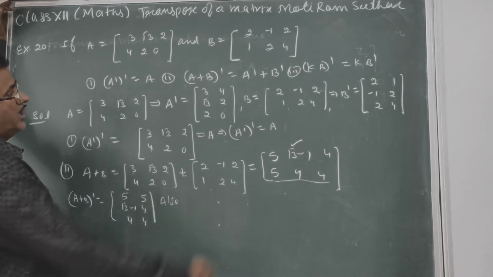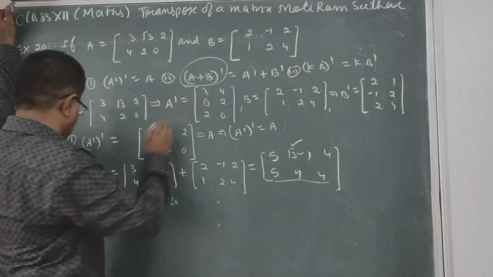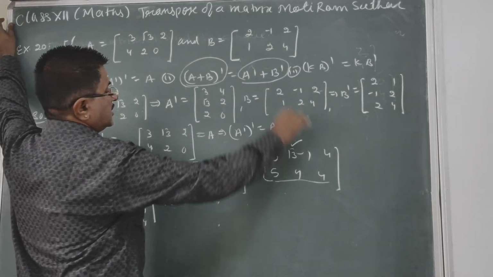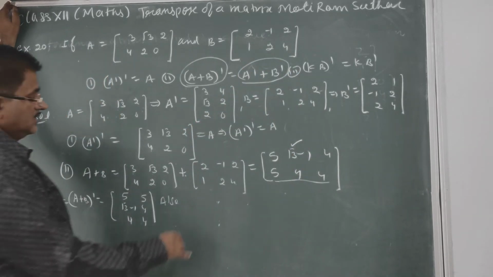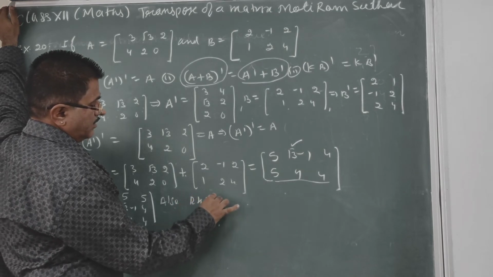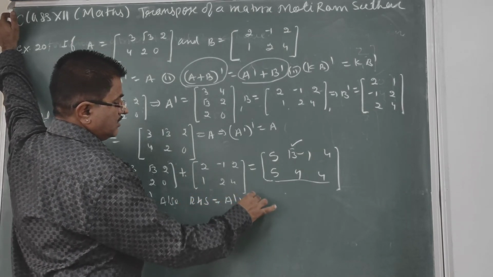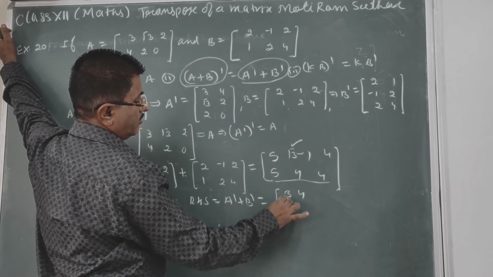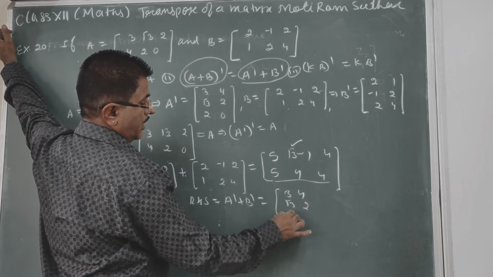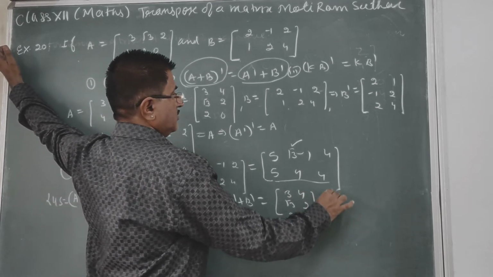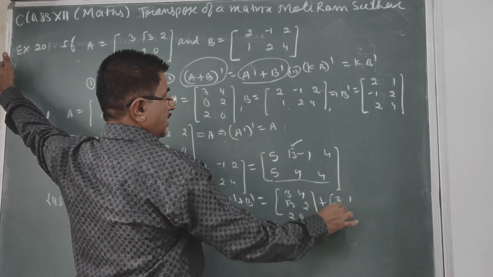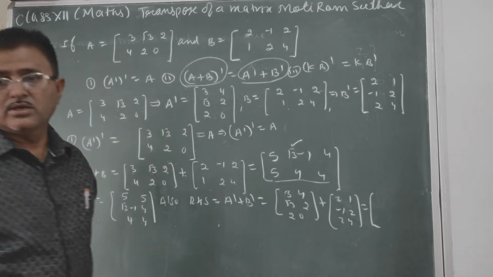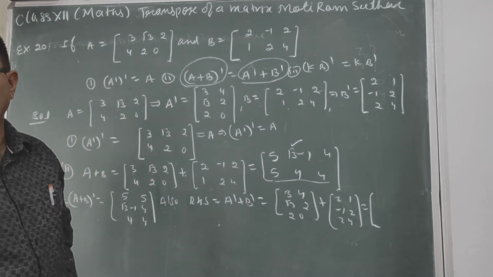Also we have to show that A plus B, which we have already defined, is the left hand side. Now for the right hand side, we take the sum of the transposes of both matrices, A transpose plus B transpose, this matrix 2, 1, minus 1, 2, 2, 4. Now you add this again, so the corresponding elements will be added.